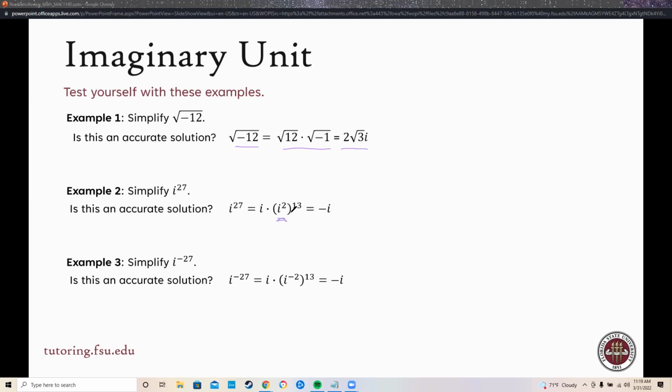And if we turn this 27 into a 26, or i times i squared raised to the 13, then I could realize that this is -1 raised to an odd power. Since it's an odd power, it's going to remain negative and not be squared to be a +1. So we have a -1 times whatever we have left over, which is i. So this is how we get -i.